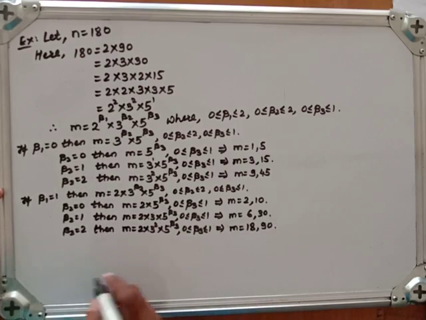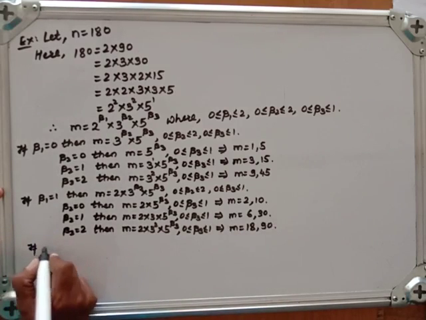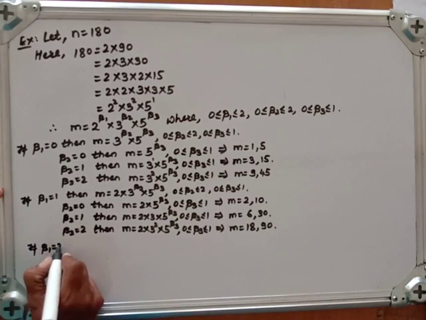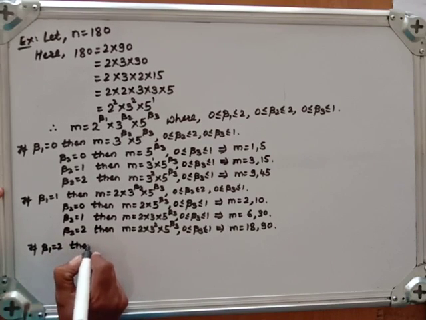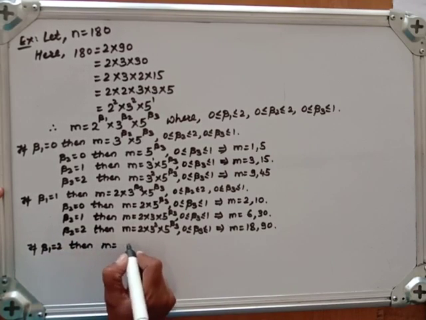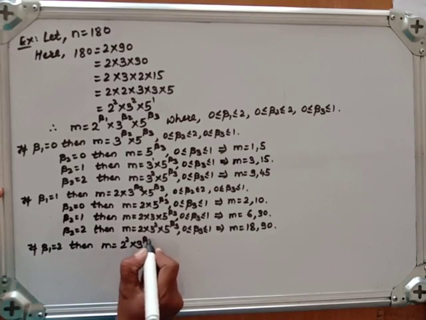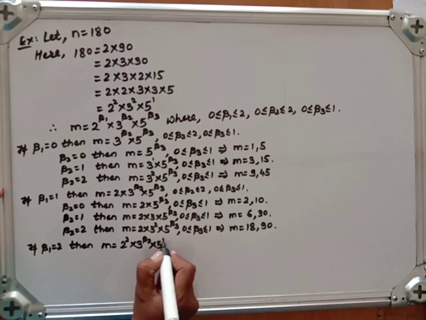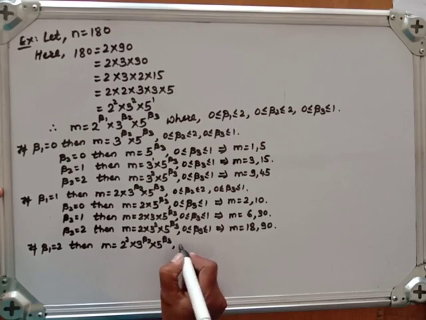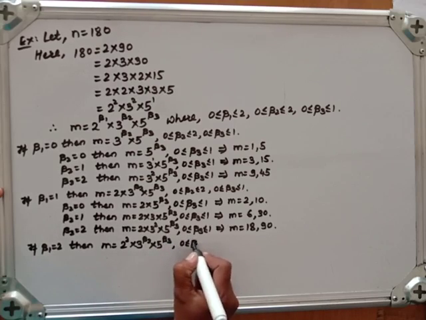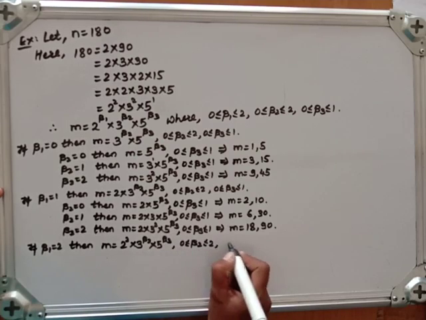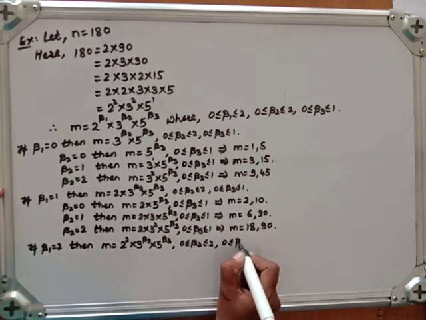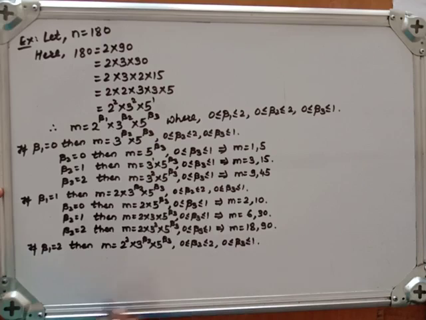Okay. Now again, if beta 1 is equal to 2, then m equals 2 square into 3 raised to beta 2 into 5 raised to beta 3, where 0 ≤ beta 2 ≤ 2 and 0 ≤ beta 3 ≤ 1.